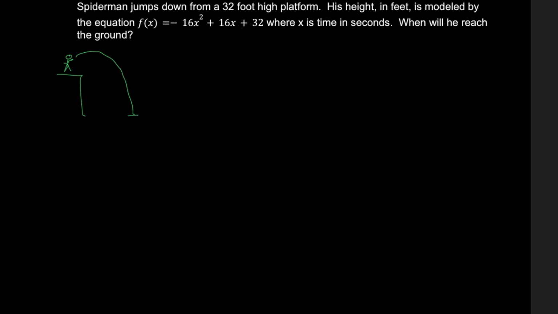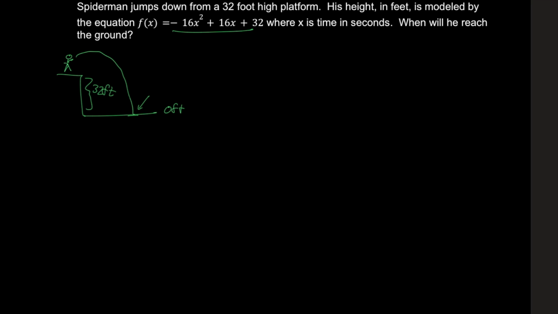When you think about this problem, he is 32 feet high to start with, 32 feet above the ground. Well, his equation models the height, and we are looking for when he reaches this point on the ground. Since the equation models height, we need to think about how high off the ground is the ground. Well, the answer to that, 0 feet.